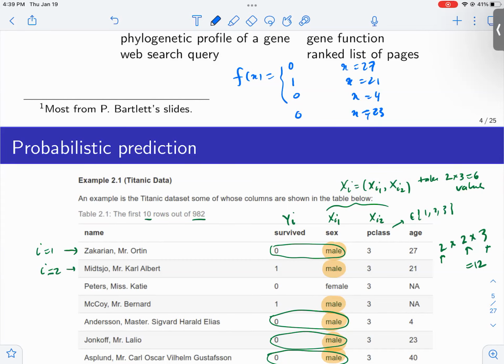There is a connection between the complexity of the class of classifiers that you choose and the fact that training error is not necessarily a consistent estimate of the population. But I'm going to do it in the next session, not today.